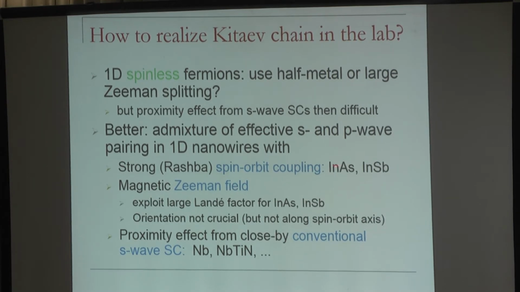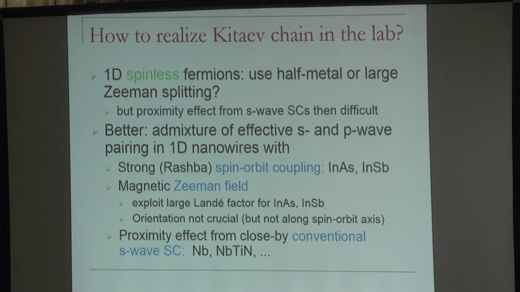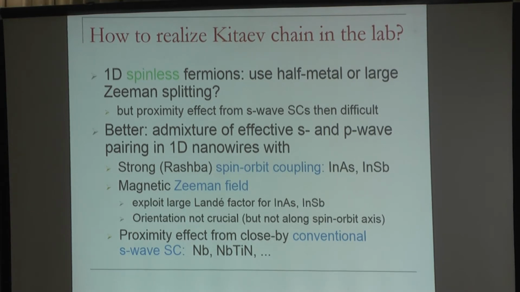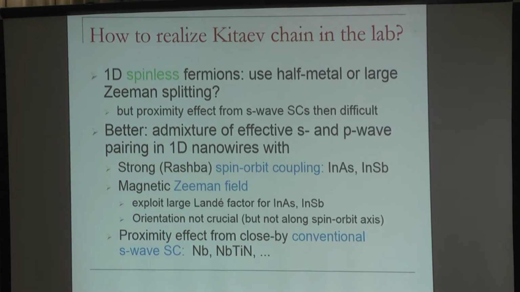We will see this causes what is called a helical state. A helical state is a state where the momentum is closely linked to the spin direction. For instance, a right mover will have spin up, and a left mover will have spin down. So in essence, you got rid of the spin, because you know precisely what the spin is if you know whether it's right or left moving.